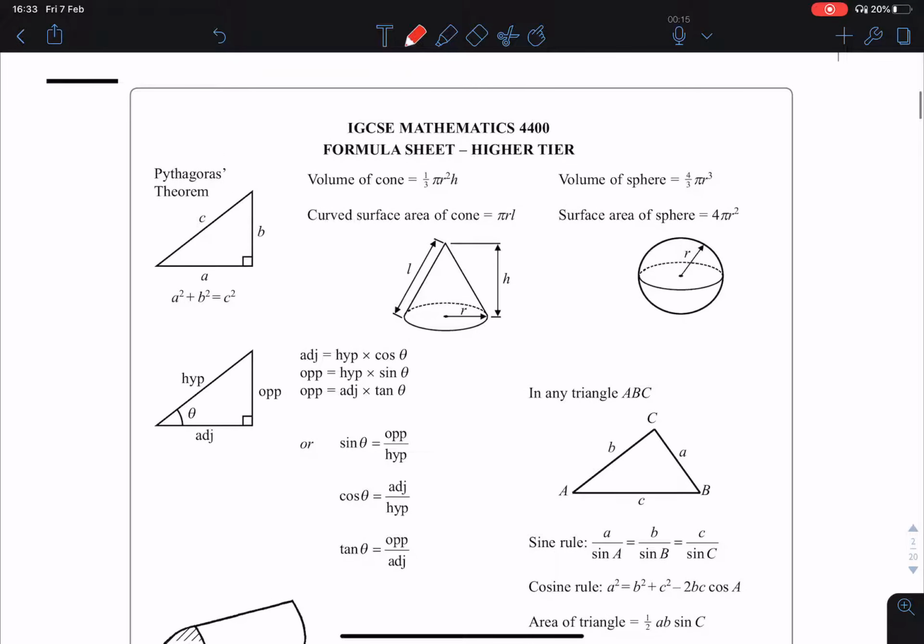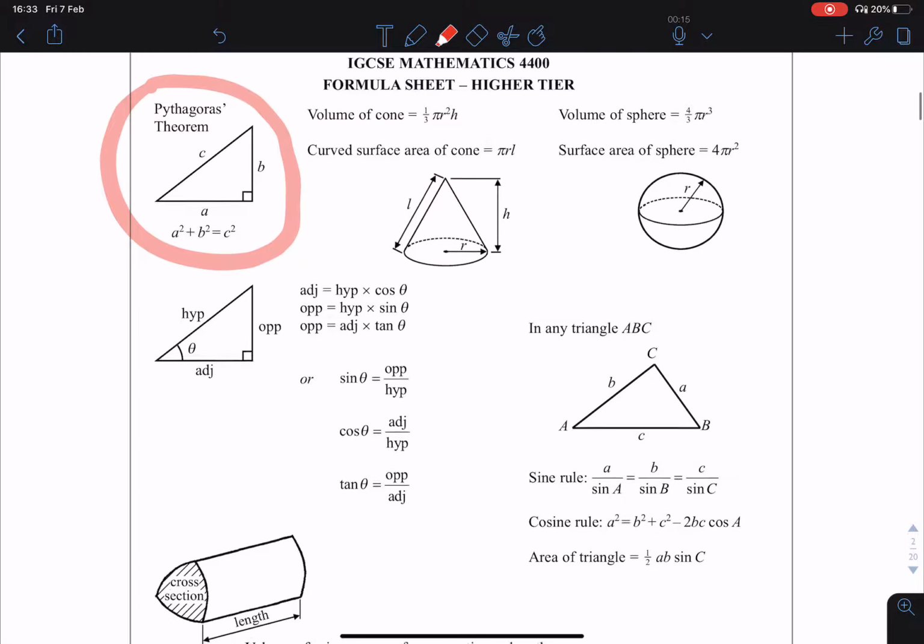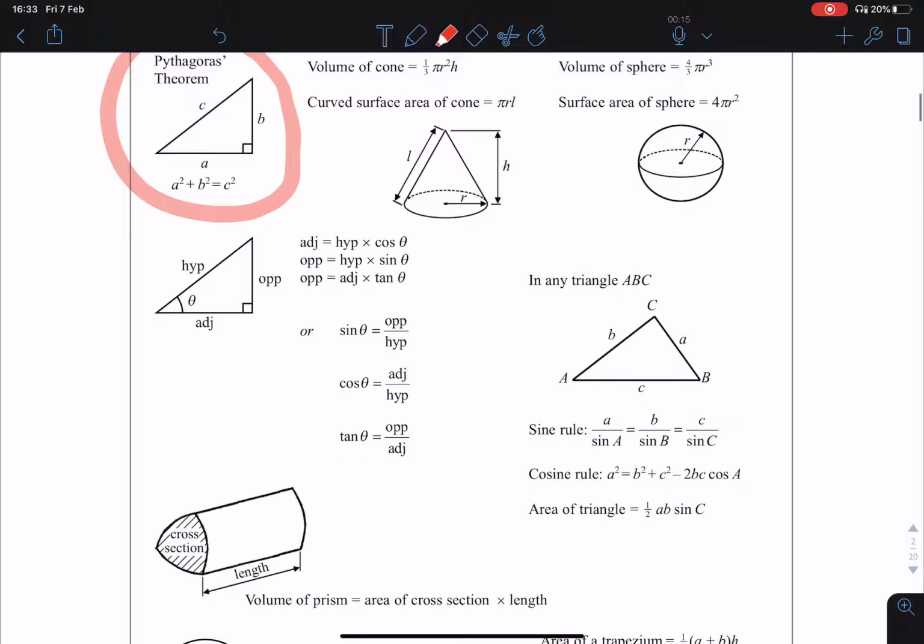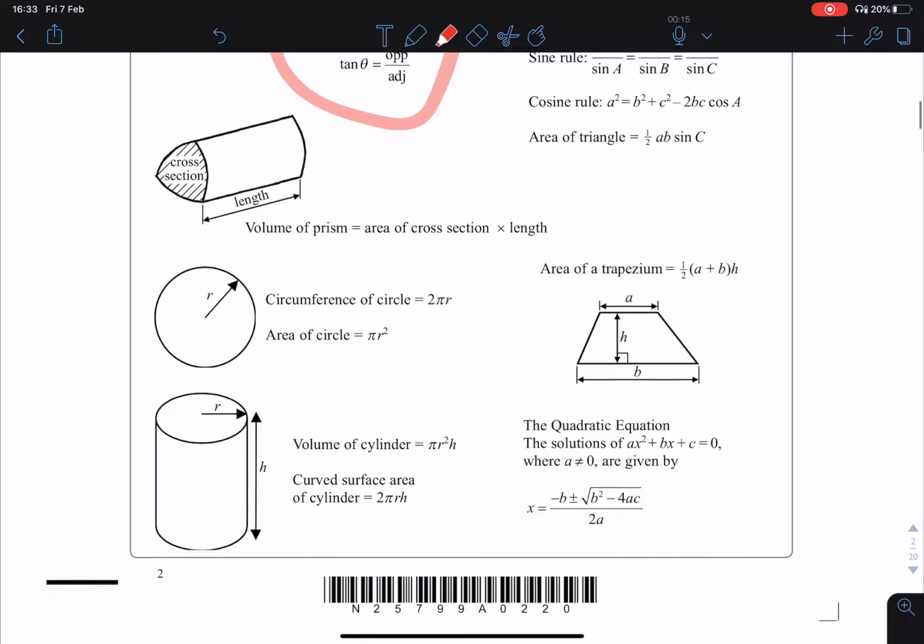So these are the formulas that you might want to use. The important ones for you guys, I think, are this one here, Pythagoras' theorem, these ones here, your trigonometry ones, and the area of a trapezium, this one over here.